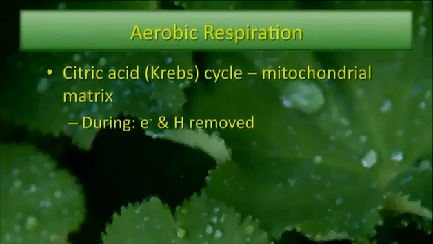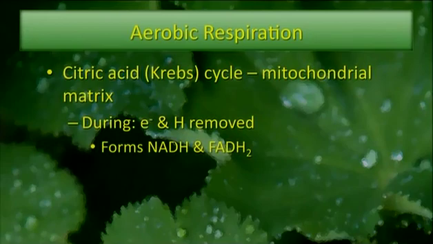Now, during the Krebs cycle, electrons and hydrogens are removed, ultimately forming NADH and a substance called FADH2, which is reduced flavin adenine dinucleotide. It's another electron acceptor.